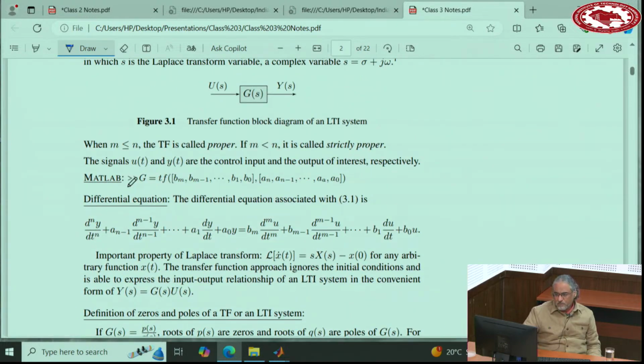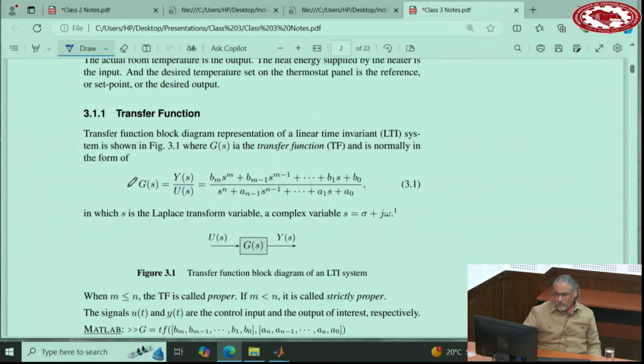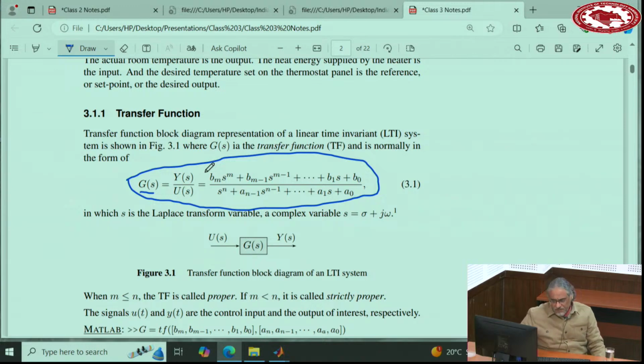So now for any system that has a differential equation, if you apply Laplace transform to that system, you will derive a function like G of s, which is the ratio of Y of s over U of s, and that will be a function of s. So any linear time invariant system, you can represent it as this model. And this is the transfer function model of a linear time invariant system.